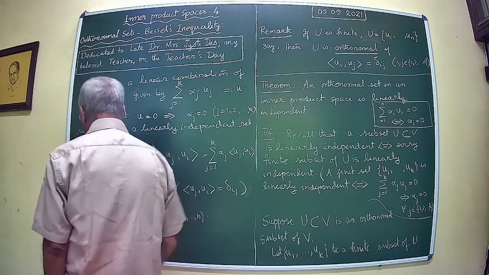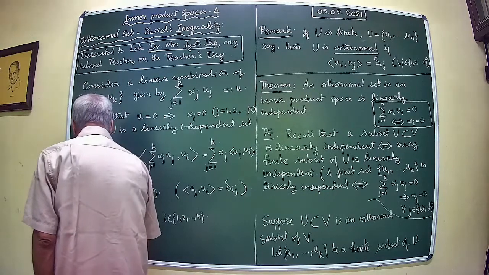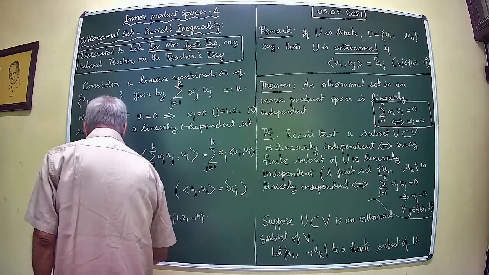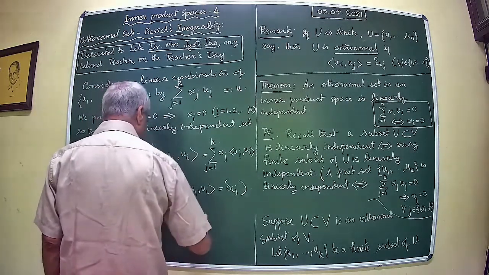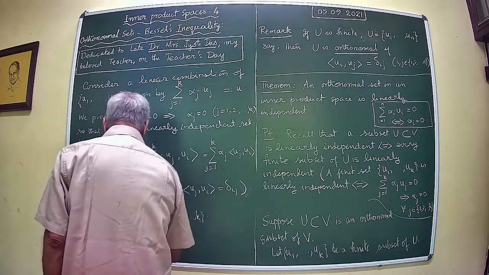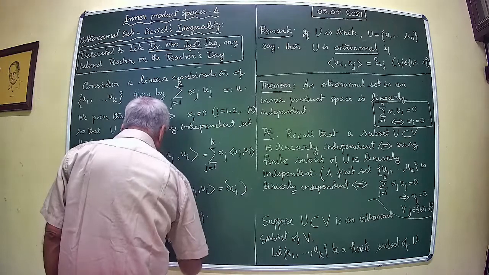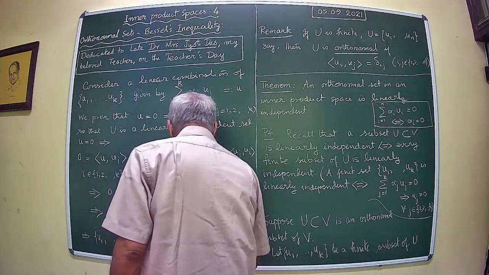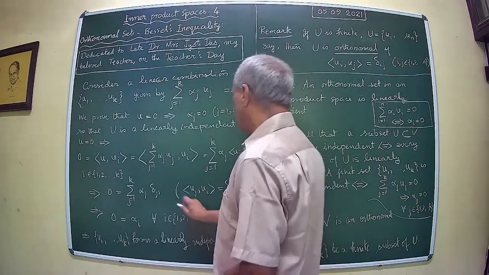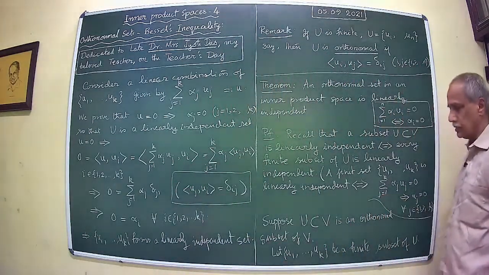What does it mean? It means the set is linearly independent. So this is where we have used the orthonormality of the set.